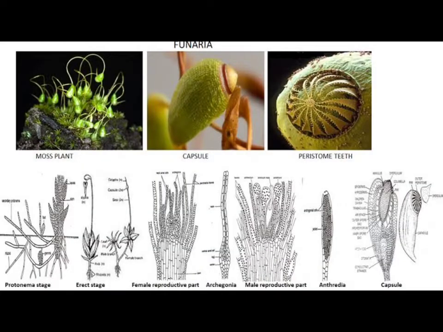You can see a moss plant, a very beautiful picture of seta, and you can see so many capsules. Whatever is attached to the rock is the gametophyte, the point of attachment is the foot, and the elongation is the seta, presenting the capsule.